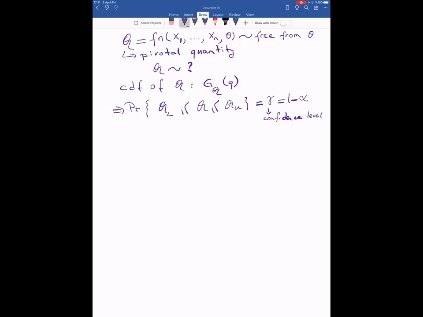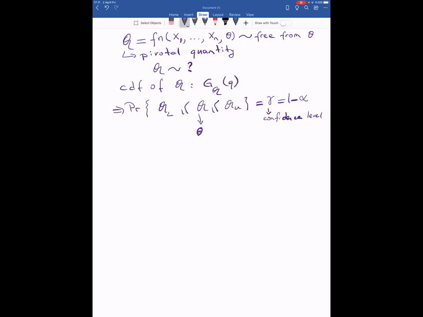Then we can easily write this in terms of theta. Our aim is to write this interval in terms of theta. Since we are using probabilities, the x values are random variables, so this interval will be a random interval. Then we need to convert this to a confidence interval by replacing random variables with the observed quantities.